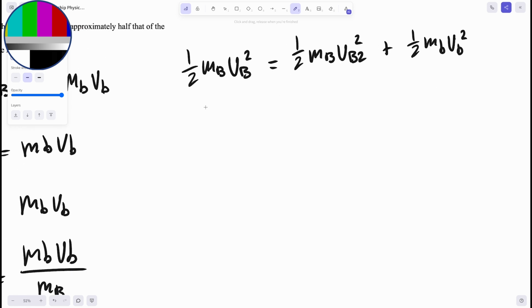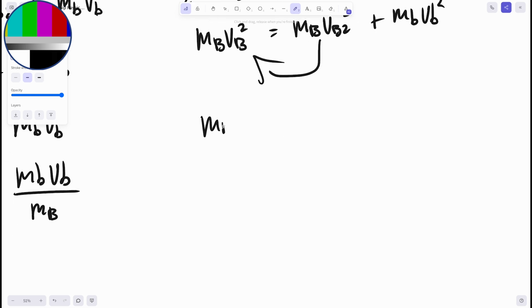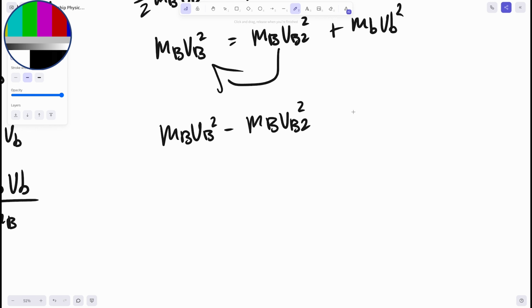Timesing both sides by 2, we get mB VB squared is equal to mB VB2 squared plus m little b v little b squared. Gathering our like terms, we get mB VB squared minus mB VB2 squared is equal to m little b v little b squared.